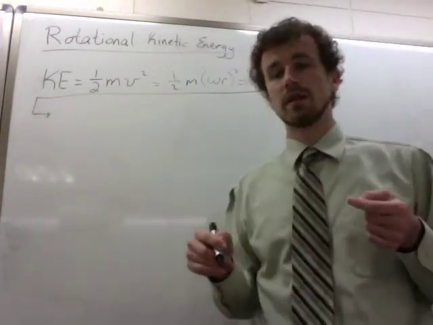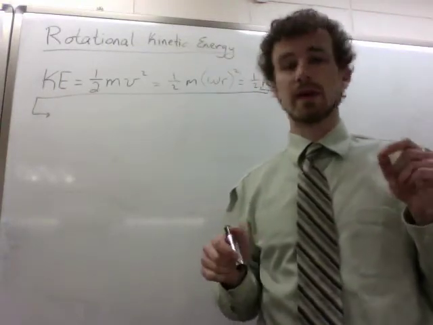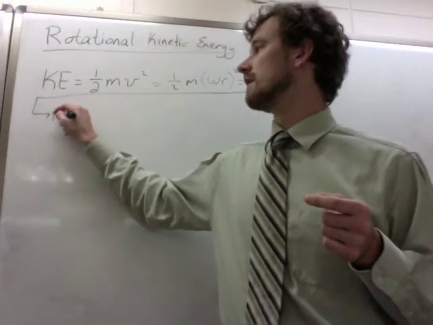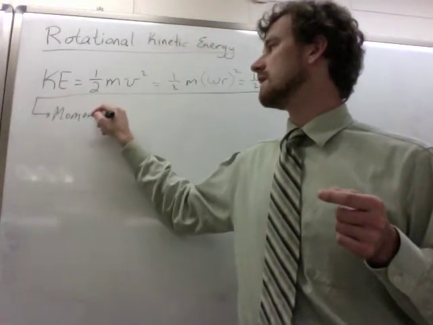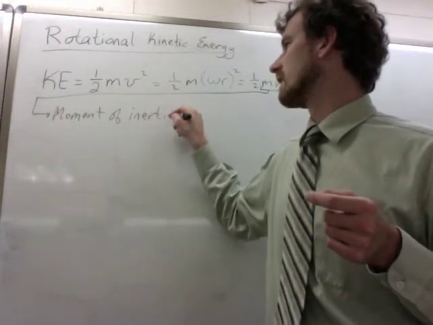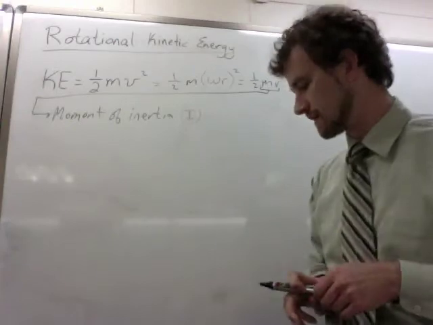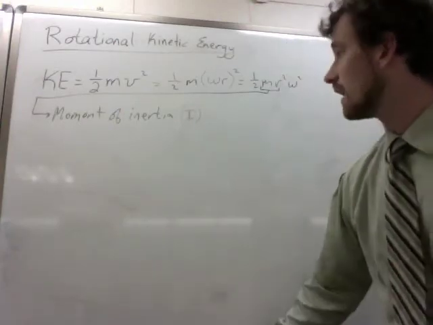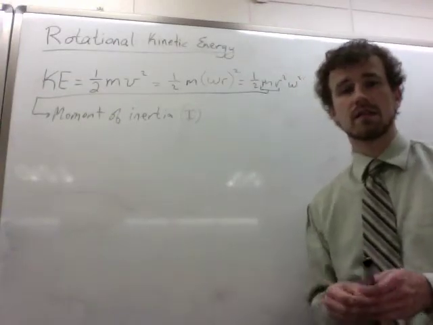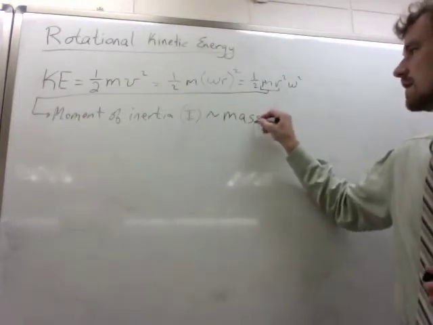Remember, this is specifically for a point mass, it's mr squared, but this is called the moment of inertia. And the letter I is used to represent moment of inertia. And this is kind of like the rotational equivalent of mass.